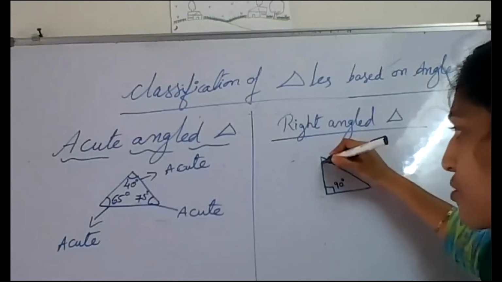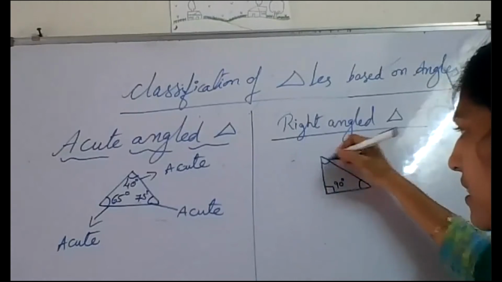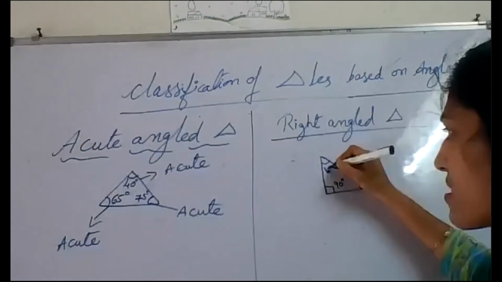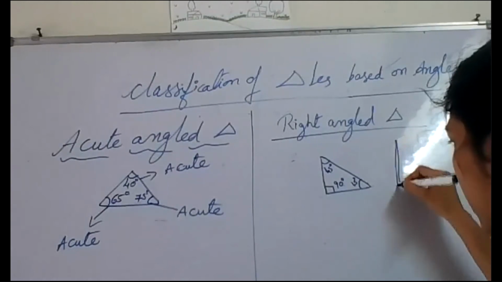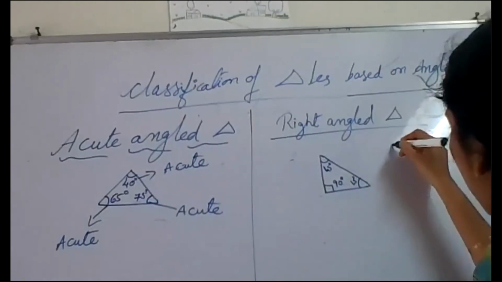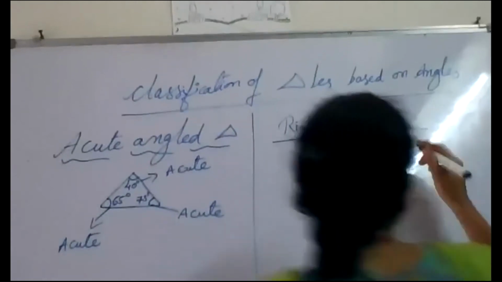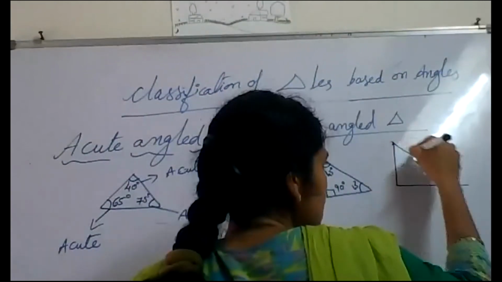Such an angle is called a right angle, and the other two can both be 45 degrees, or they can be other values also. 45 plus 45 is 90, plus 90 is 180. They can also be 60 and 30.